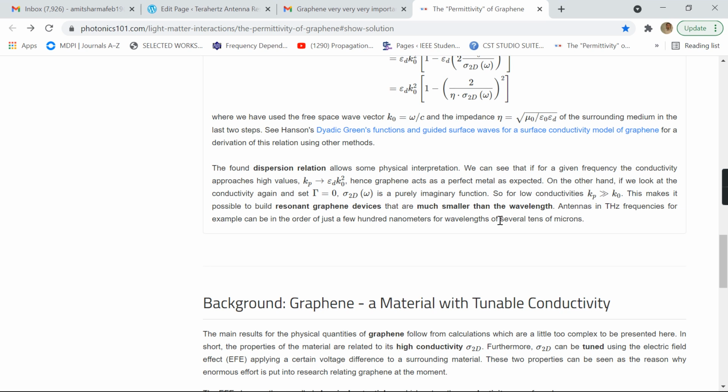That's the reason it is possible to design very small devices for the same wavelength, for which materials other than graphene would give a very large antenna. So this is the plus point of graphene.